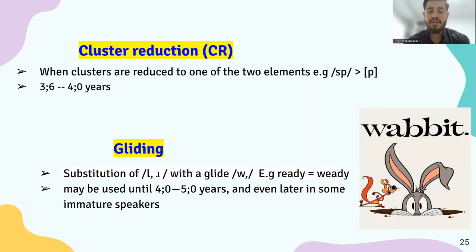Now, gliding is a substitution of l or r with a glide, w. For example, ready would become weddy, or rain would become wane. Gliding may be used until the ages of 4 to 5, and even later in some immature speakers.